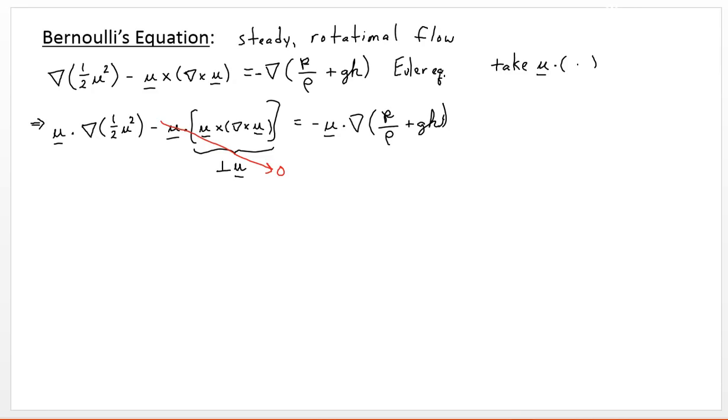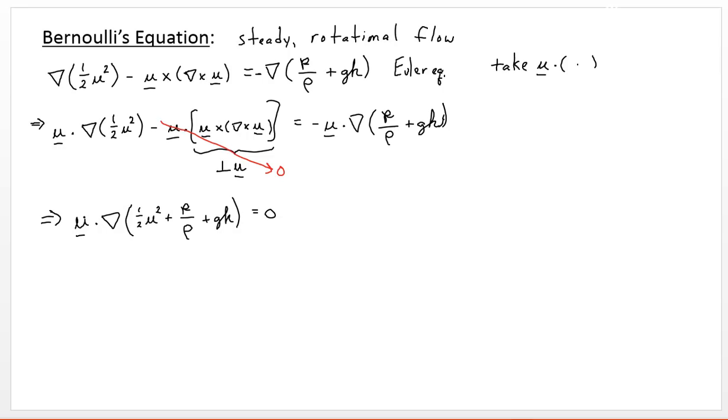So what we get for a steady rotational flow is u dot the gradient of 1/2 u squared plus the pressure divided by the density plus g times h is equal to 0.